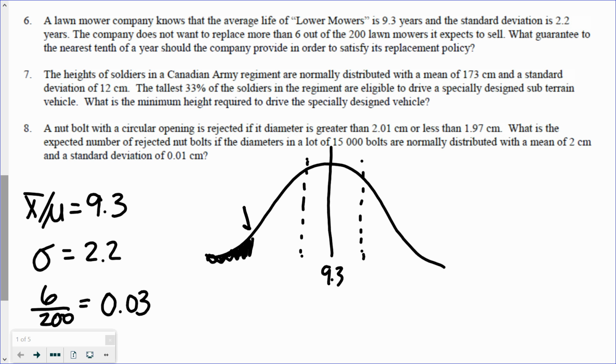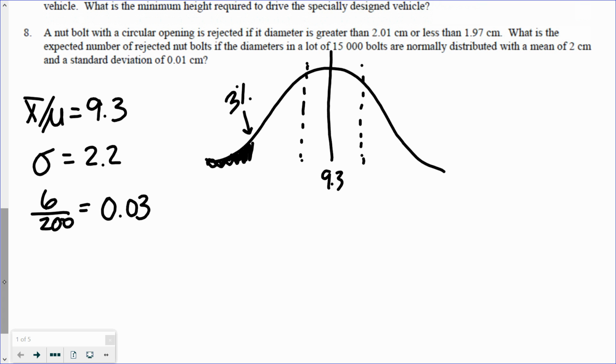They don't want to replace more than 3%. So they don't want to be replacing 50% of the lawnmowers. They don't want to be replacing 20% of the lawnmowers. They want to replace only 3%, the ones that have the worst battery life or whatever it would be, I guess the engine of it.